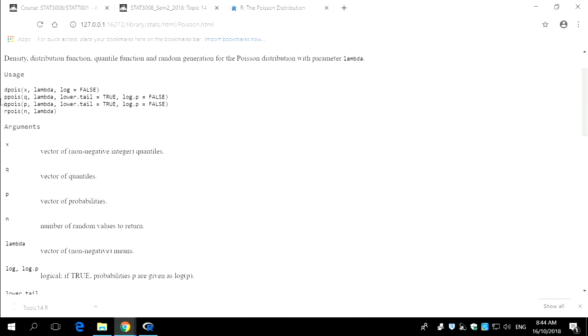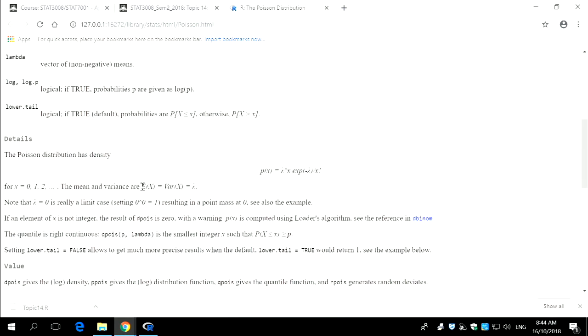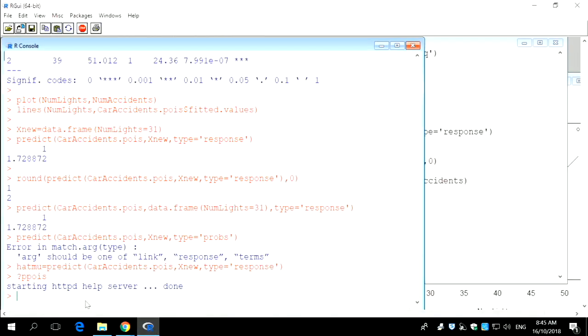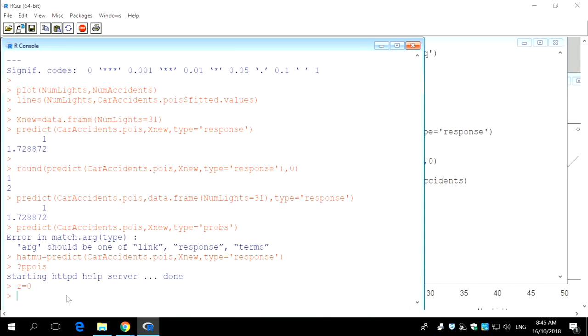I think it gives us the probability of being smaller or equal to Q, so we can have a try in R. So ppois, and we need to input the quantile, so let's specify lowercase z equals 0, and we want the probability of being smaller or equal to 0.